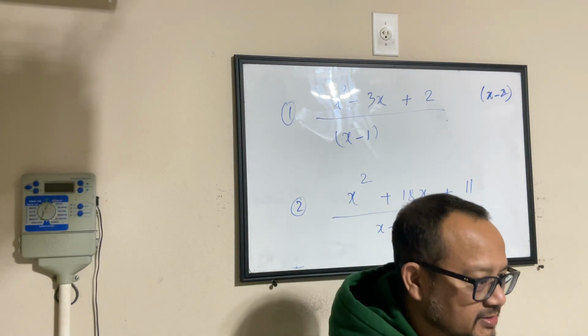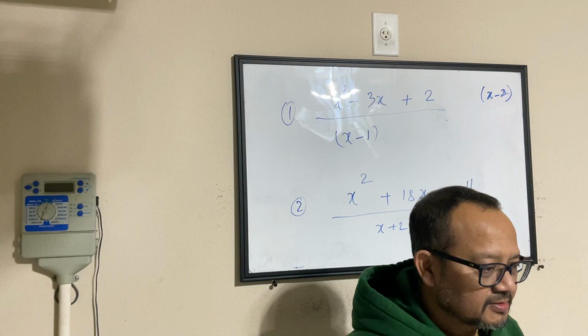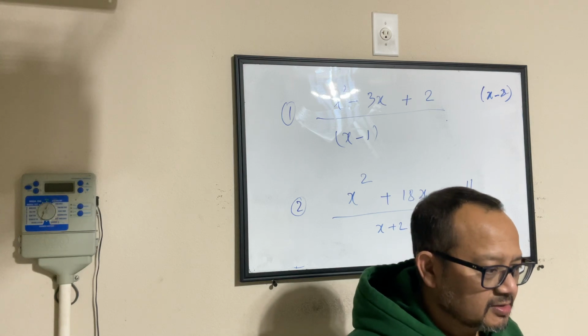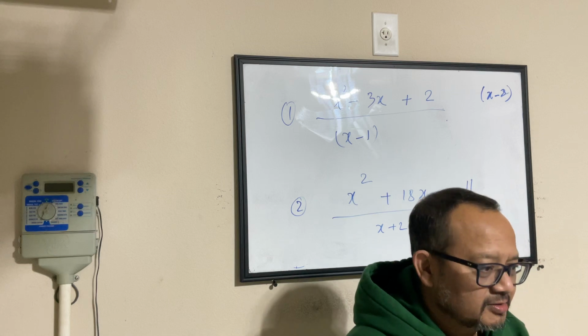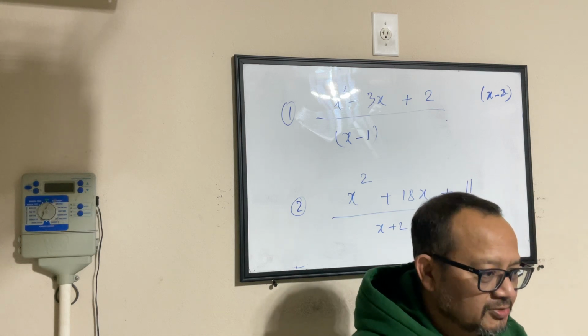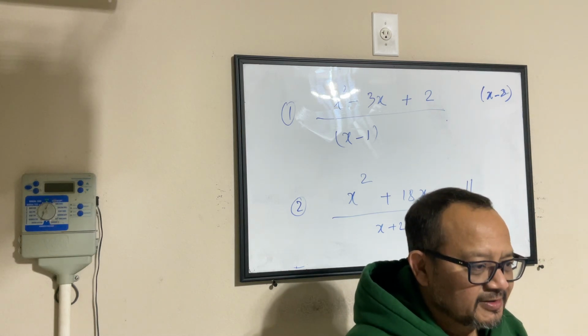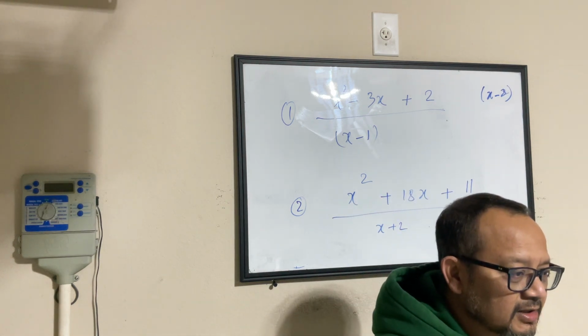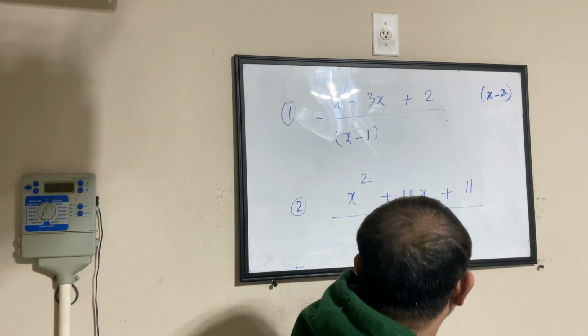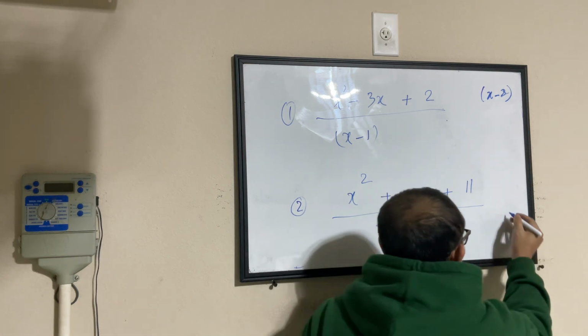Yeah, Chris. Same thing for the first one. And for the second one, I think you have to use the quadratic equation because it's not factorable. Yeah, I got x plus 9 for the second one.